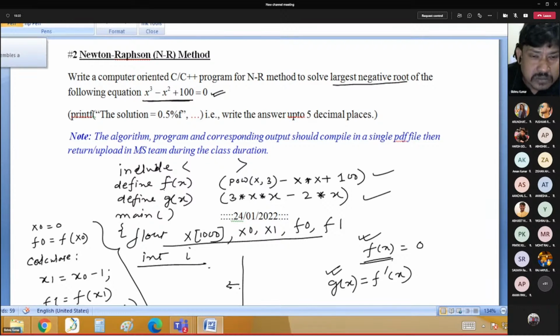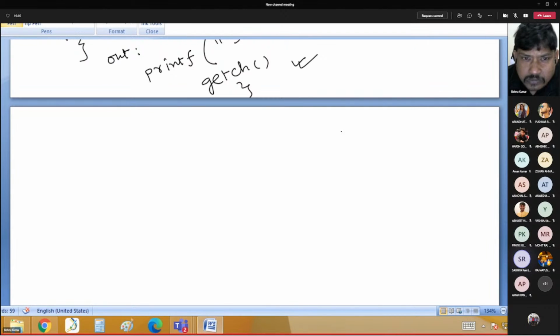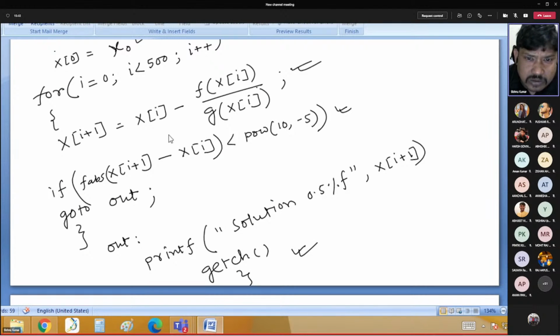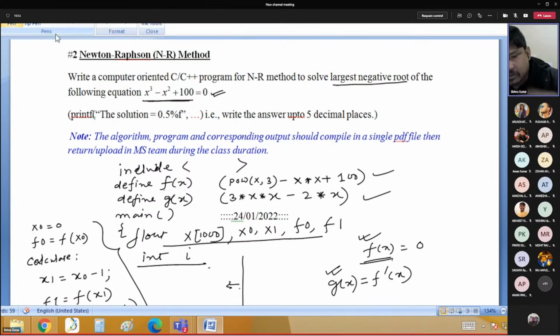I am trying to assign this in your assignment section. Okay. Can you able to do this? Yes, sir. Okay, try to do this. And okay, can you please share this PDF? I am just trying to assign this file.